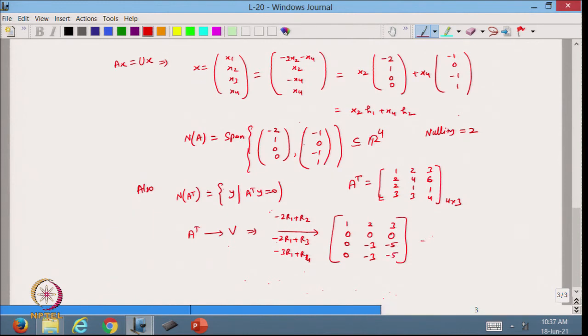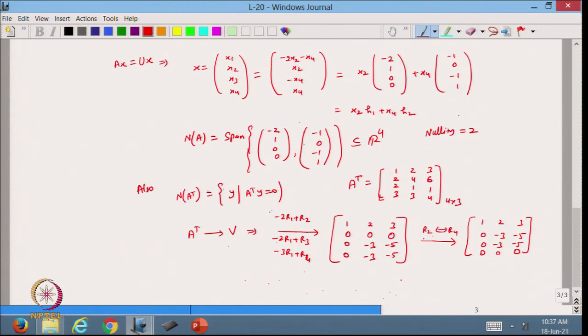Now I will swap my R2 with R4 because the 0 element is already there in this case. So it is 1 2 3, 0 minus 3 minus 5, 0 minus 3 minus 5, 0 0 0.